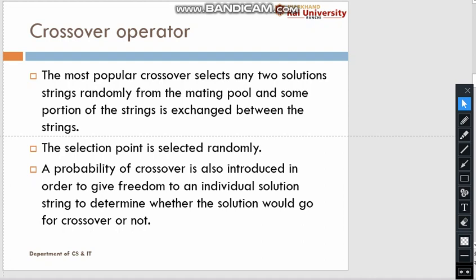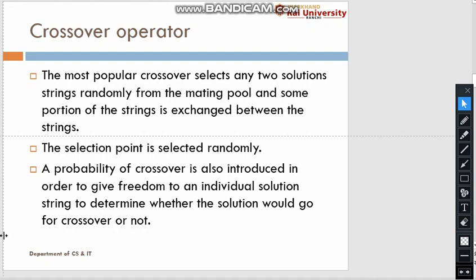And among the matching pool, the two individuals are selected for the crossover. After the crossover, the new offspring is produced because of the exchange of the genetic material between the two selected individuals.